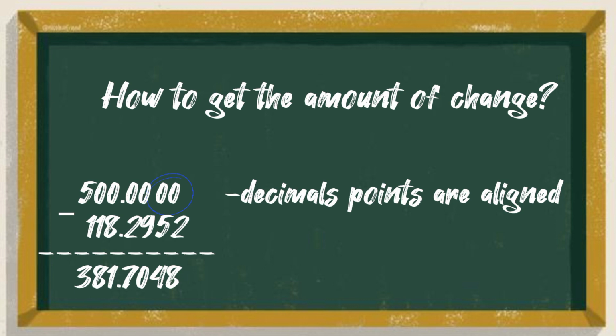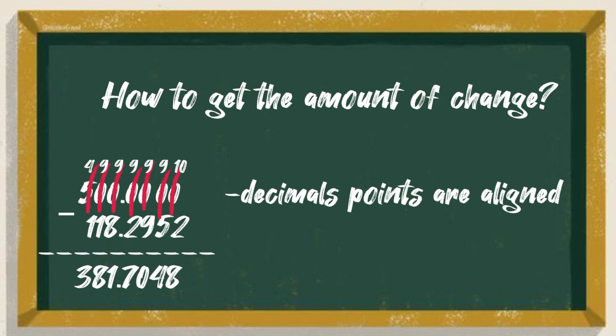Okay, now that we have put zeros in the empty place values, it's time for us to subtract. Since they are all 0, we need to apply the cancellation method. So this will be 10, 9, 9, 9, 9, 9, and 4.